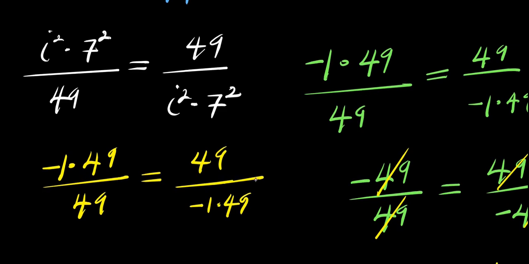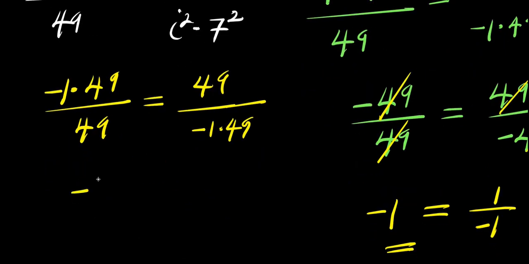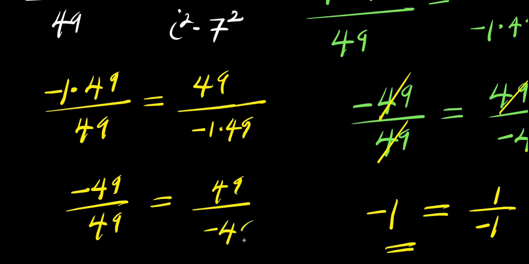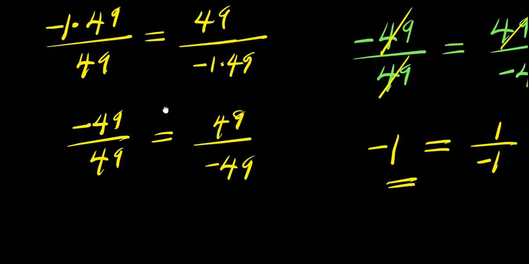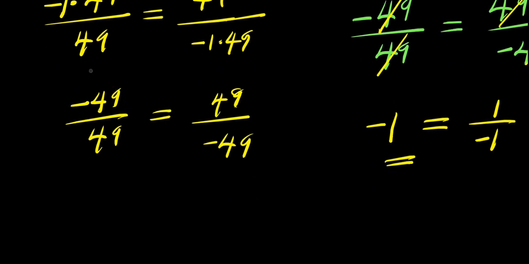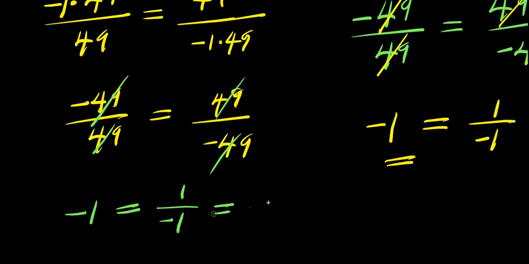This will give us -49 divided by 49 equals 49 divided by -49. So -1 equals 1 over -1, which equals -1 as well. So this also has satisfied the equation, guys.